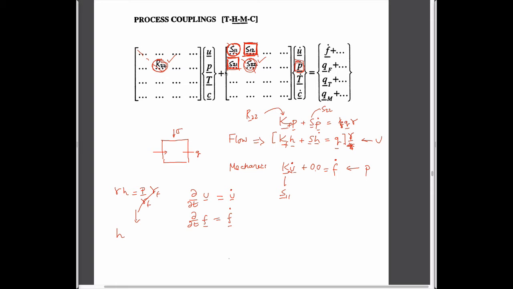The other interesting thing, I think it's really interesting, is that the matrix S12 is actually the transpose of S21. So actually this matrix system, this is a stiffness matrix, so this is symmetric. This is the lumped mass system. This is symmetric.